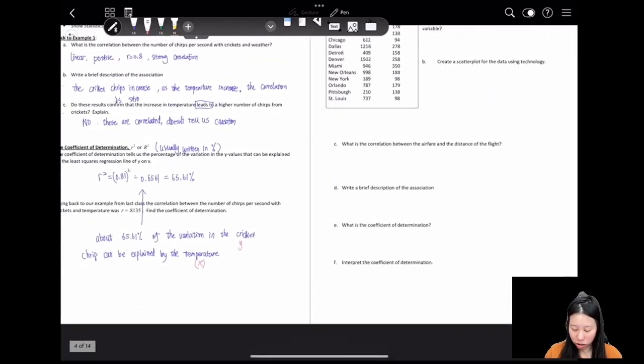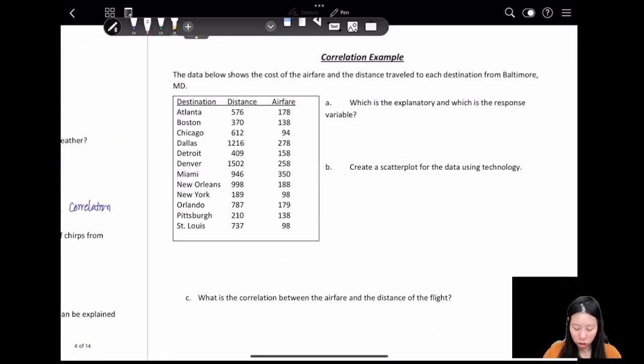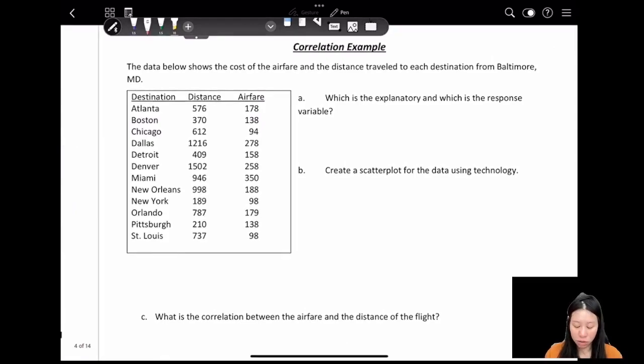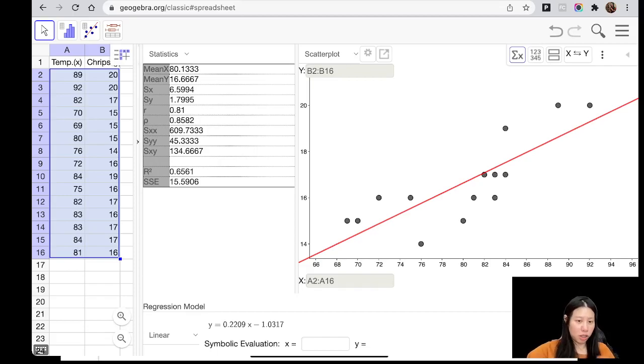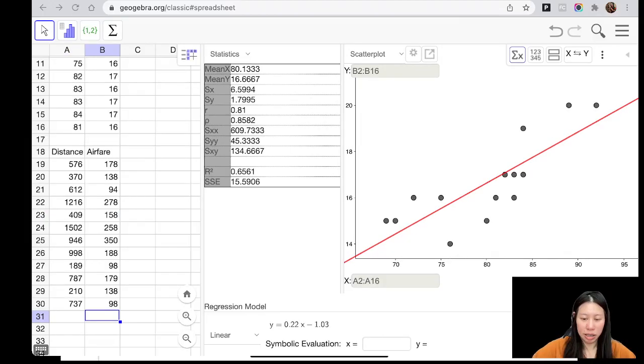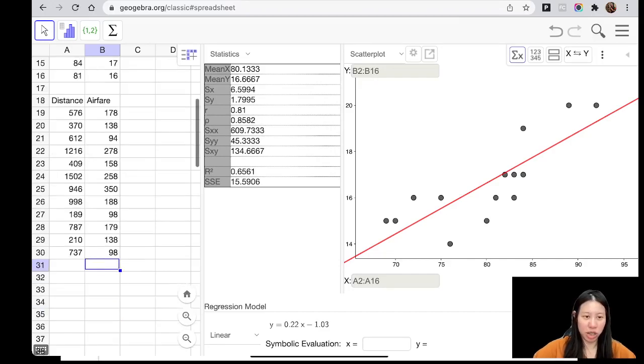Okay, so now let's look at another example. The data below shows the cost of the airfare and the distance traveled from each destination in Baltimore. Again, we put the data, the distance and airfare, into our GeoGebra. Okay, so I'm going to pause the video and do it by myself. So I just put all of the data into our spreadsheet.